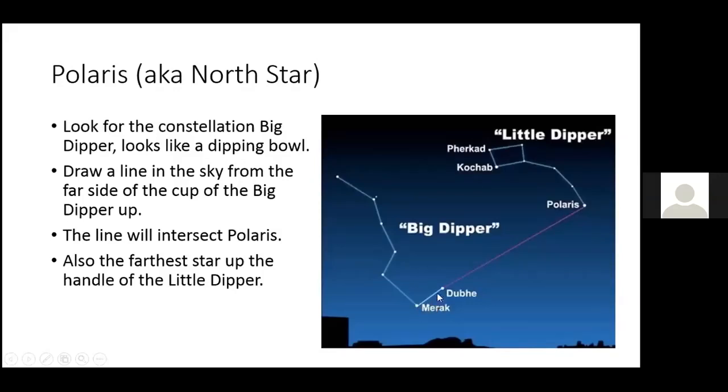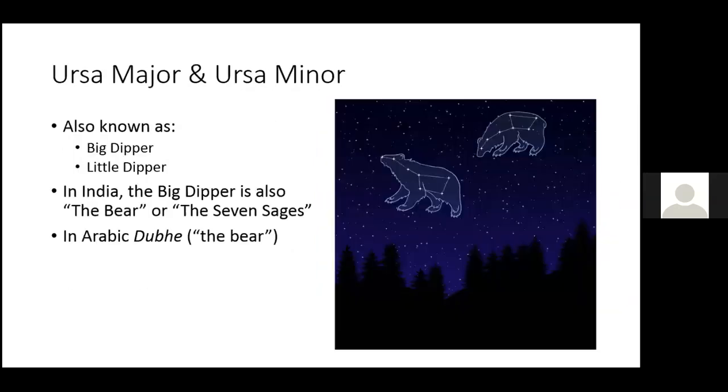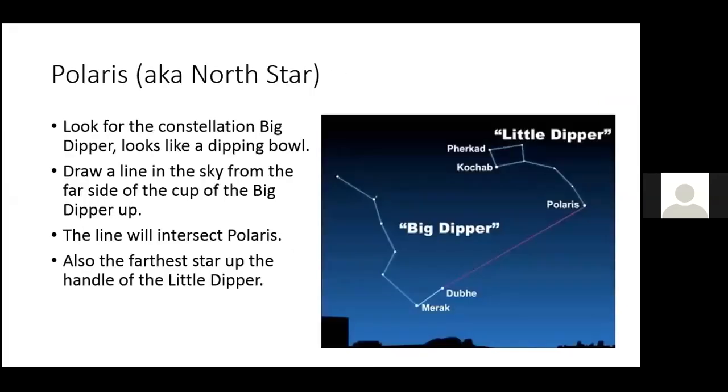If you draw a line through those stars and extend it out, it's going to come into contact with Polaris, the North Star. And that is also the farthest star up the handle of the Little Dipper. So as you can see, you can find these bears or dippers in the sky, and that will point you to the North Star.